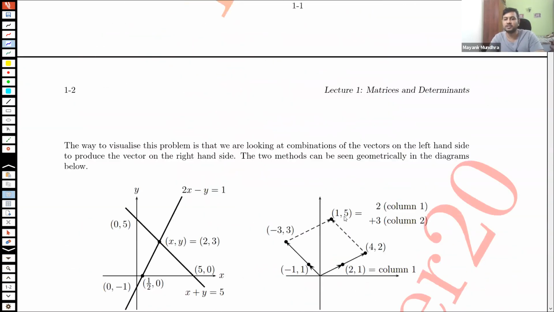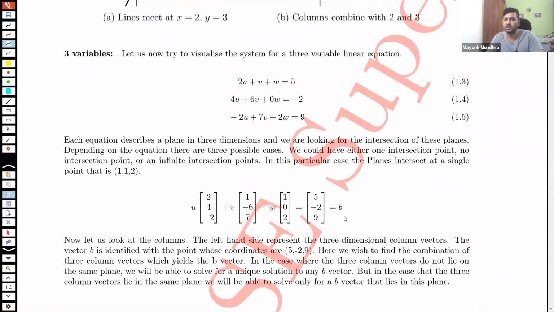Now suppose I have a more complicated version of this. For 3 variables, let's say I'm taking variables u, v, and w. So I have these 3 equations. What these 3 equations imply is that this is line 1, this is line 2, and this is line 3. So I am looking at the intersection of these 3 lines.